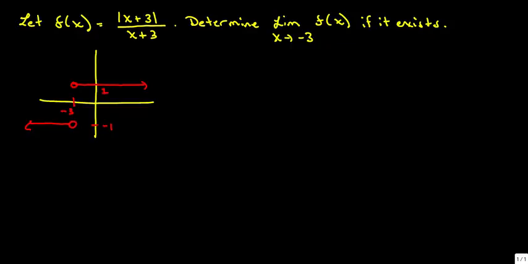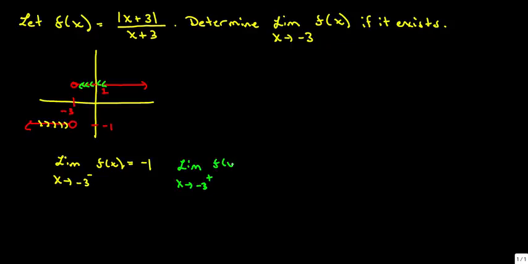But notice that as I come in from the left side, I approach negative 1. So what we do is we write it like this. The limit as x approaches negative 3 from the left side is equal to negative 1. Now up top here, as we approach negative 3 from the right side, the limit as x approaches negative 3 from the right side of f of x is equal to positive 1.